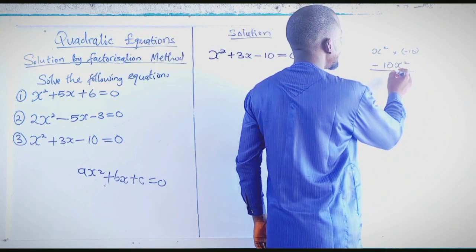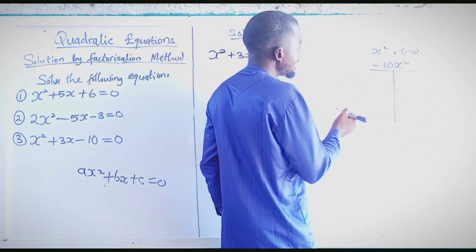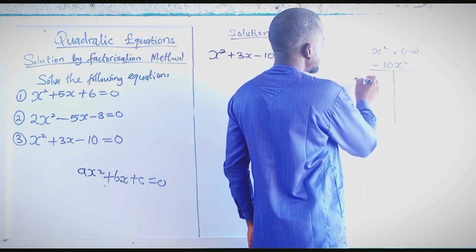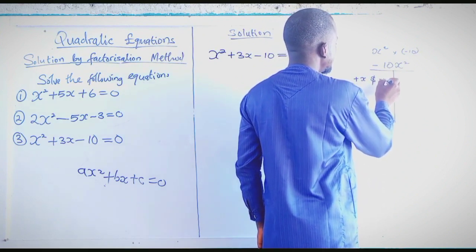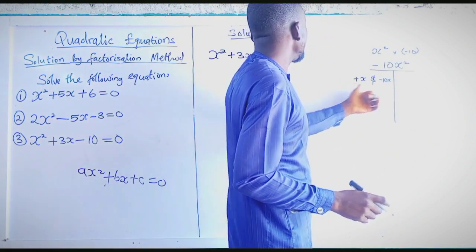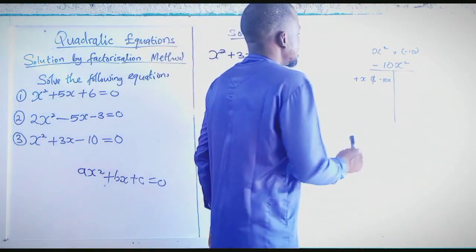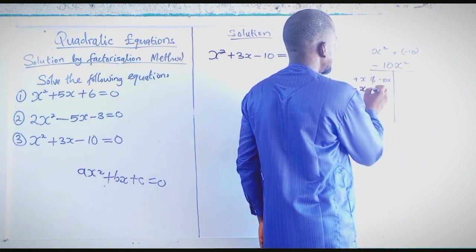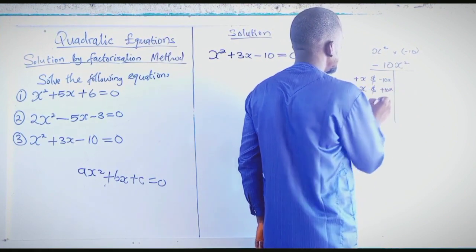So like we did before, the factors of 10x squared are, first of all, plus x and minus 10x. Of course, we also consider both negative and positive factors because of the minus sign here. The second one is minus x and plus 10x.